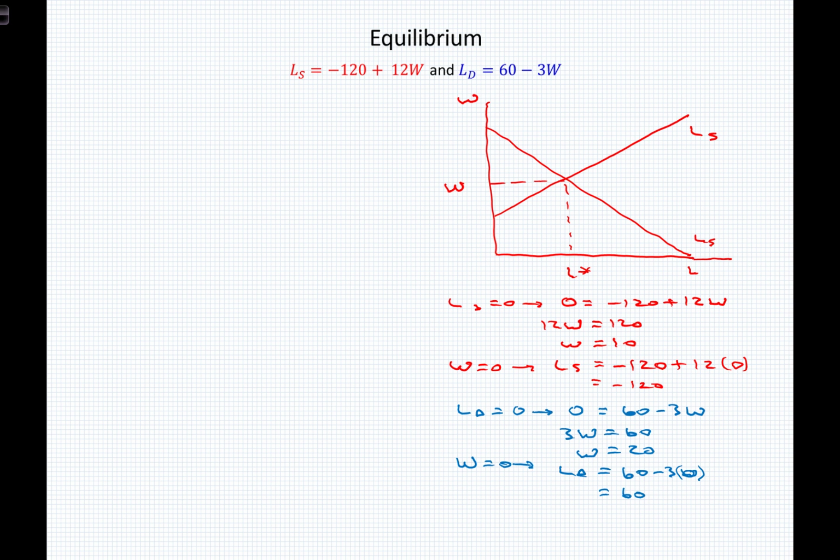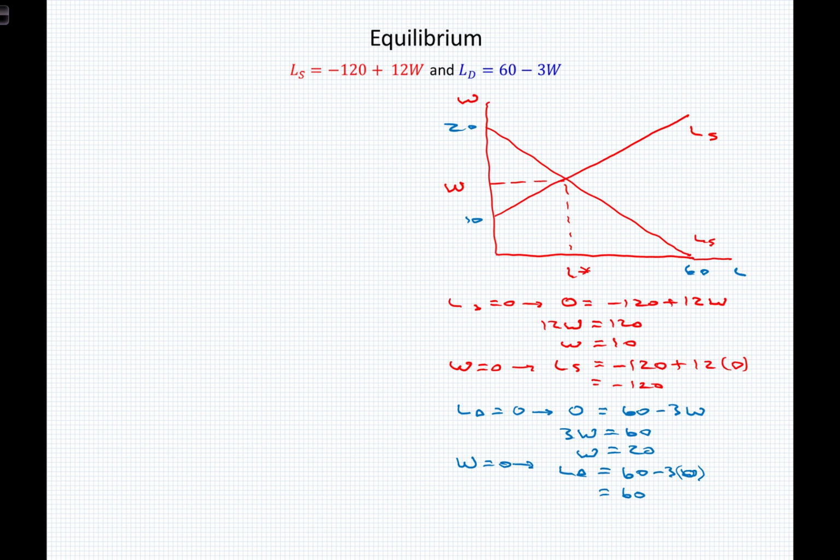So we've been able now to think about what our values are here. So we have W at 20 for labor demand, and we have labor at 60. Let's rethink that a little bit. 60 on the L-axis. And then we have wage at 10 for labor supply.